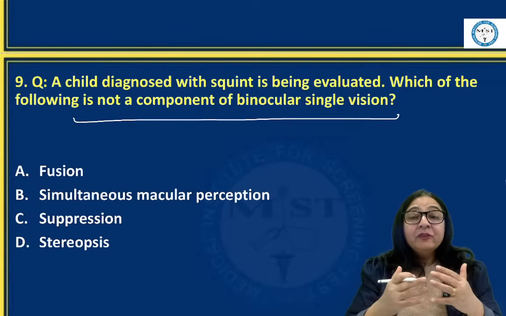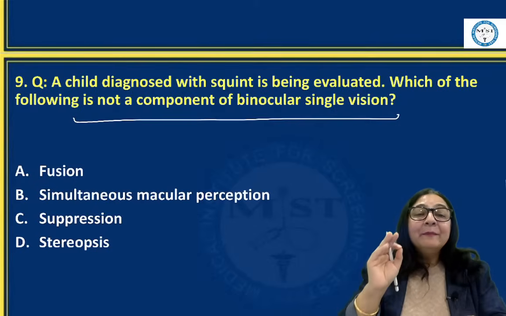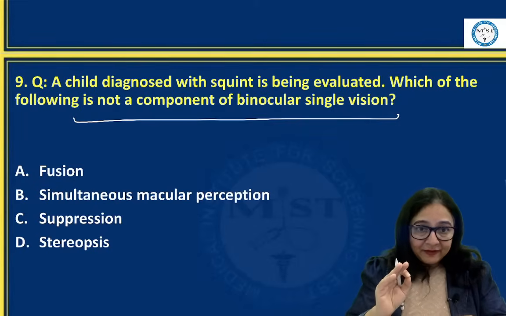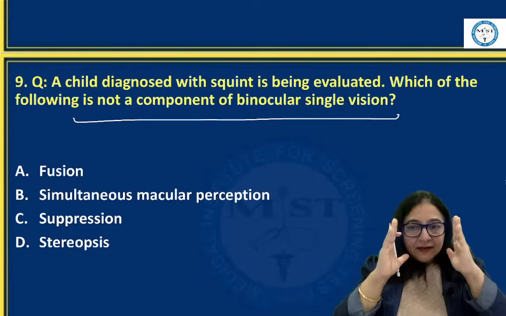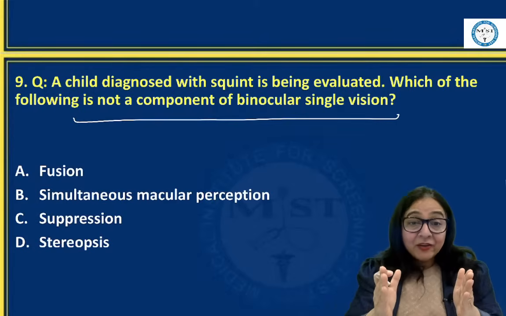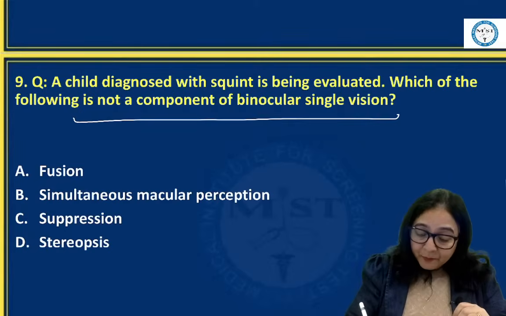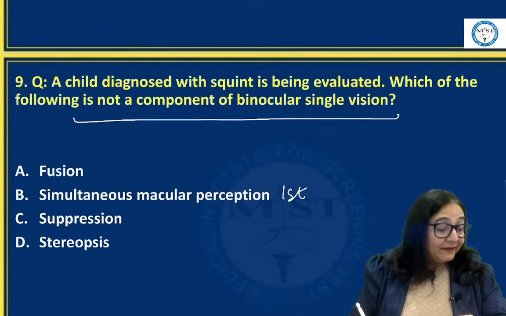For an object to be seen properly, there should be simultaneous macular perception, that both eyes should have image formation at the macula at the same time. So that is the first component of the binocular single vision.